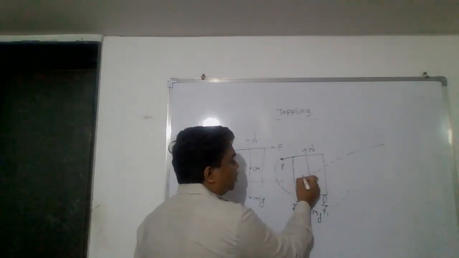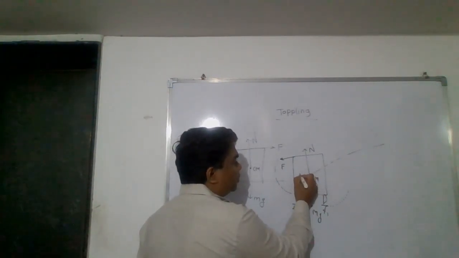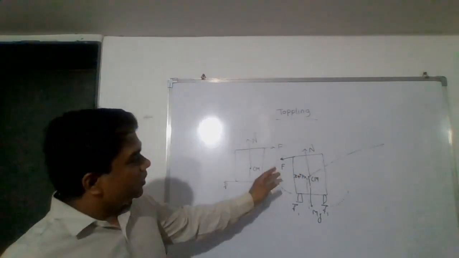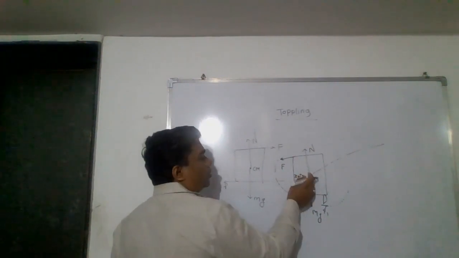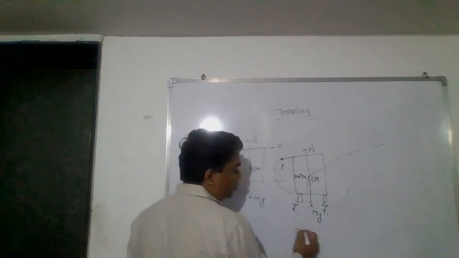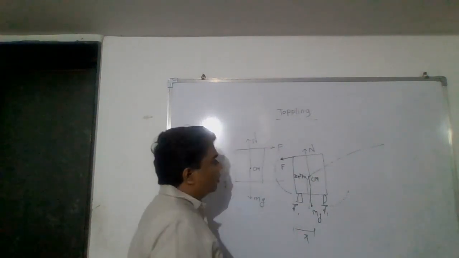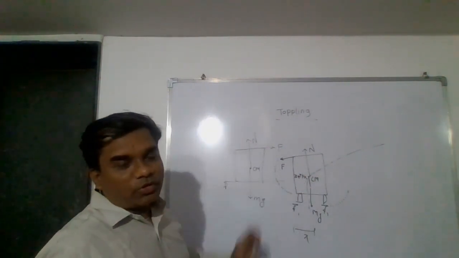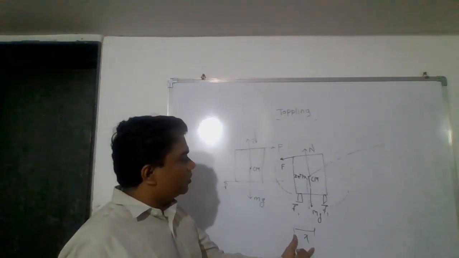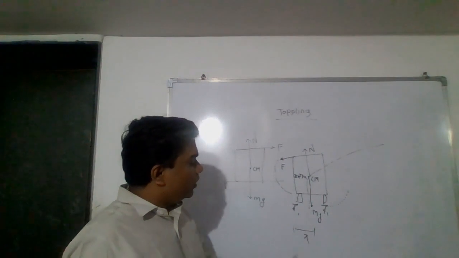Suppose first it shifts by x1 distance, then x2 distance, then x3 distance. As speed increases, slowly it shifts towards this end. Suppose the total distance is x, but it cannot shift beyond the x distance.